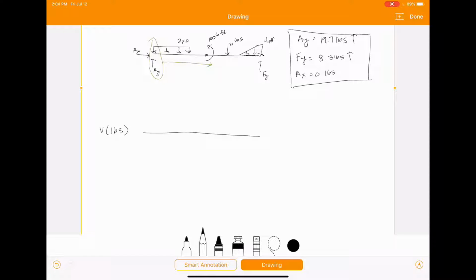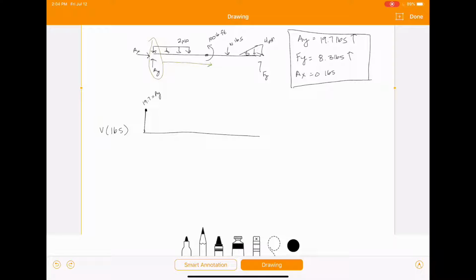So for shear on this beam, the first thing we run into is AY, and it's acting up. So we're going to go ahead and bump our shear diagram up to whatever that reaction is, which is 19.7. Again, that's our AY value, and that's where our shear diagram is going to start. As we move right on the beam, we run into this uniform load right there.